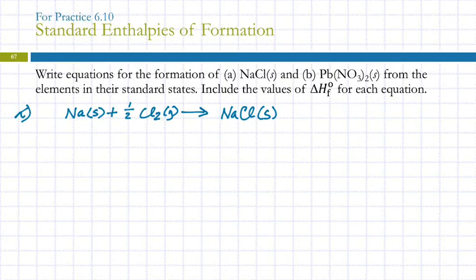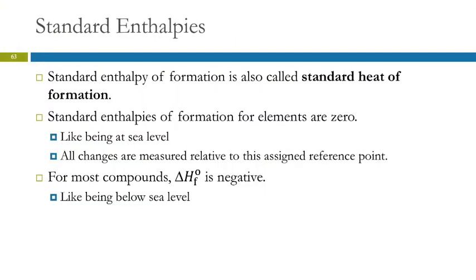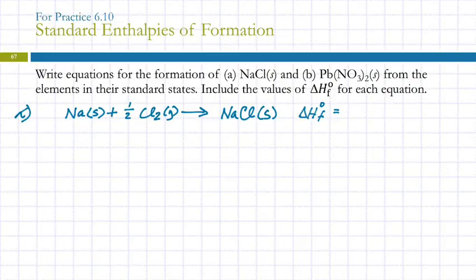And it says include the values of delta H, standard heat of formation. Well, for that, we're going to go look in the table. Sodium chloride, it says minus 411.2 kilojoules.